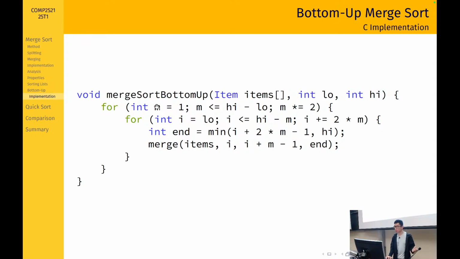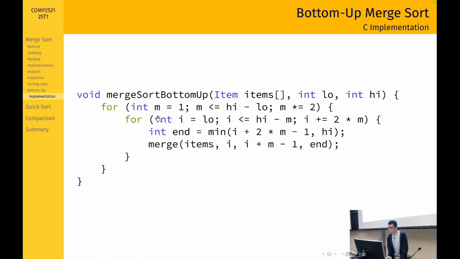So initially, the length of the runs is just 1, right? So we have n arrays of size 1. And notice that every iteration is multiplying by 2, right? Because in the second iteration, it's going to merge pairs of arrays of size 2, and then it's going to merge pairs of arrays of size 4, and so on.